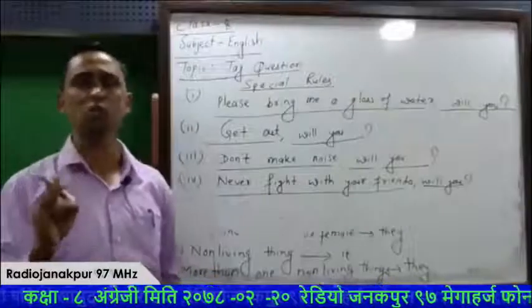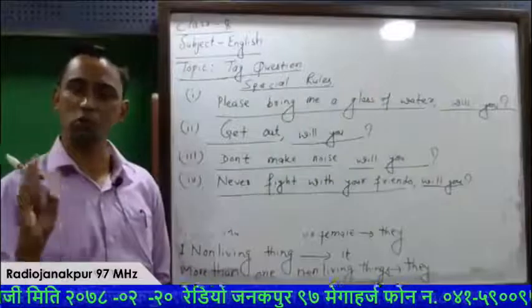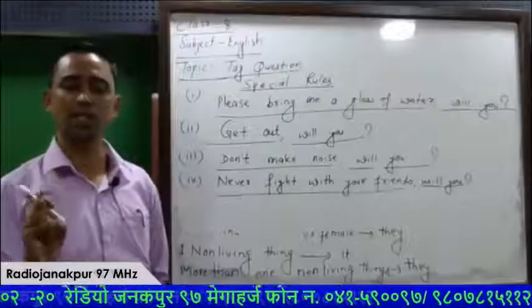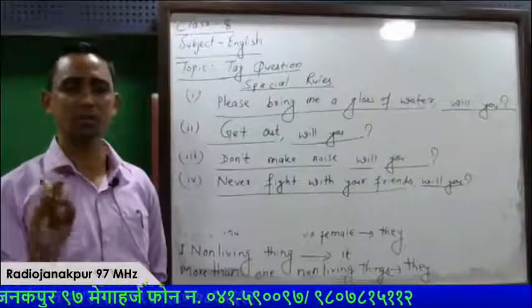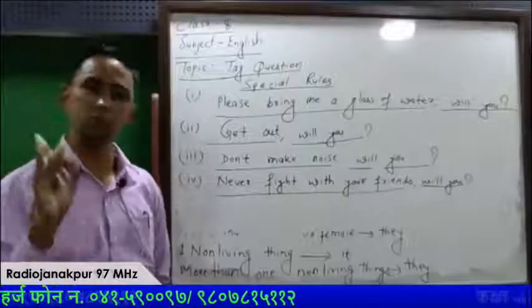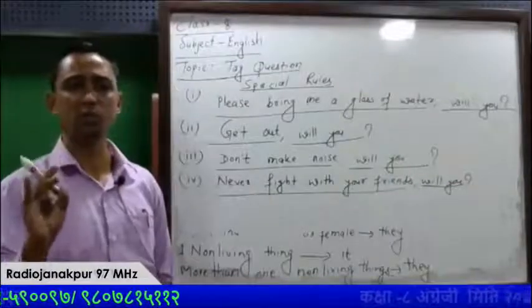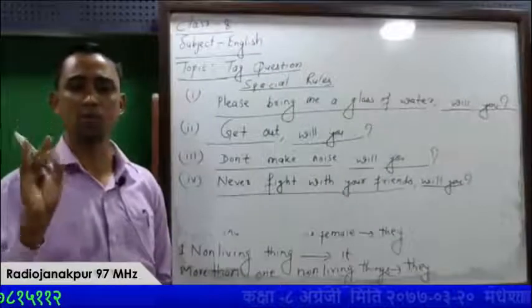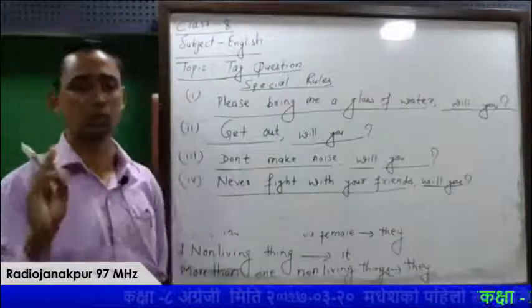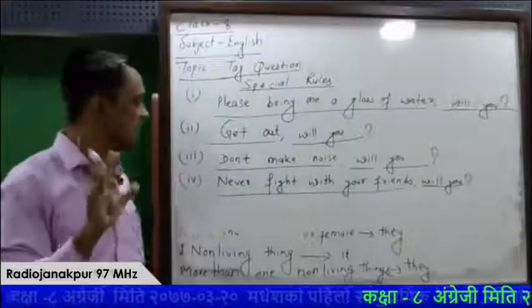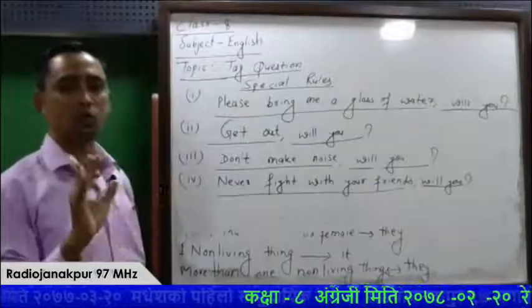If there is V1, we have to take help of do verb in the question tag. If there is V2, we have to take help of did verb in the question tag. If we have V5, then we have to take help of V5 in question tag. These are the rules I have taught you today.